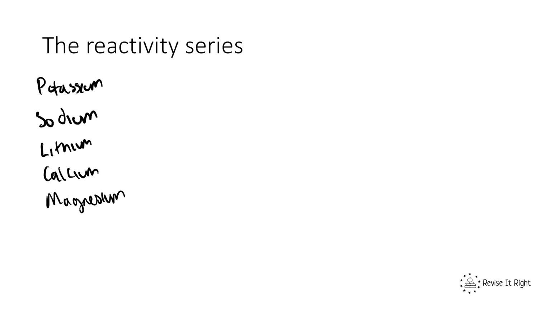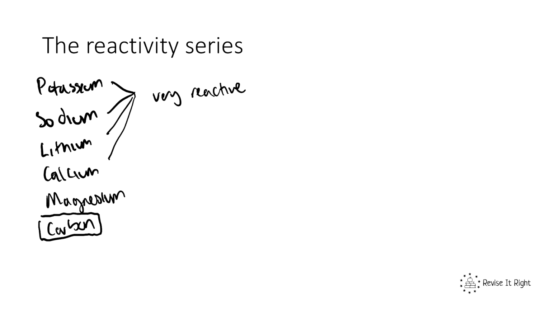Now potassium, sodium, lithium and calcium we really describe as being very reactive. And magnesium into carbon, now it's important why we've added carbon into that and you'll see why later. Zinc and iron are described really as being fairly reactive.